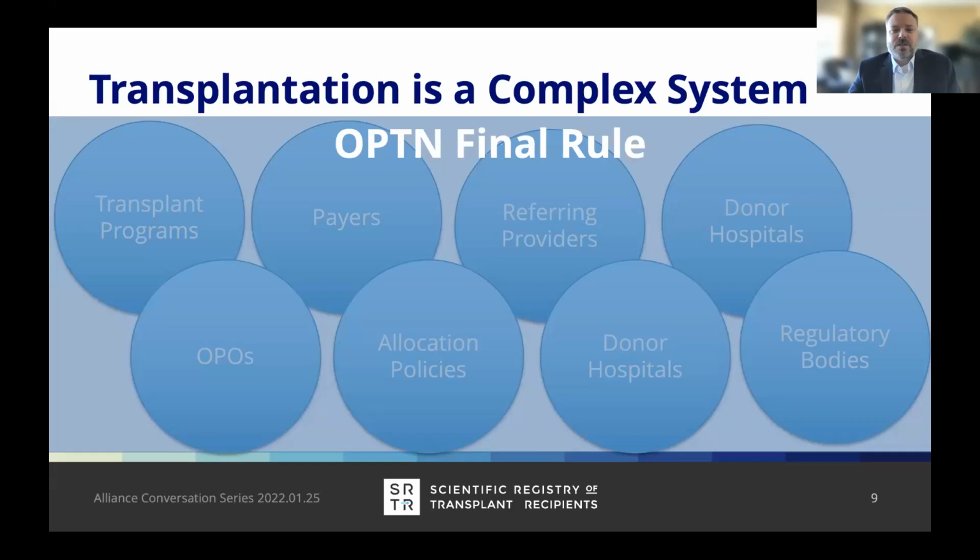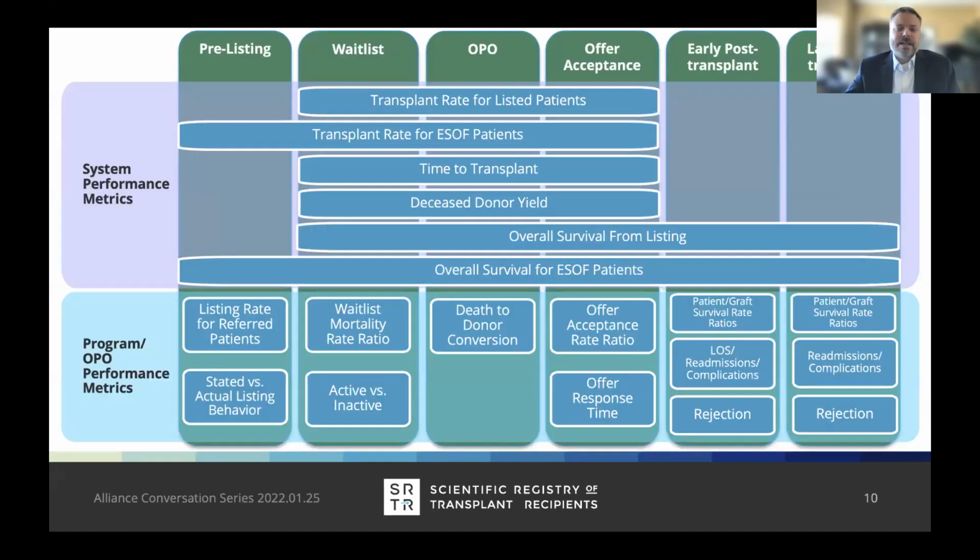And this is all overseen by the federal regulation that's codified in the OPTN final rule. So there are so many complex players, both at the institutional level as well as the federal regulations and policy level that oversees all of this. So this is a diagram that we had looked at with the MPSC to try to make sense of all the players involved and the different types of metrics we could look at.